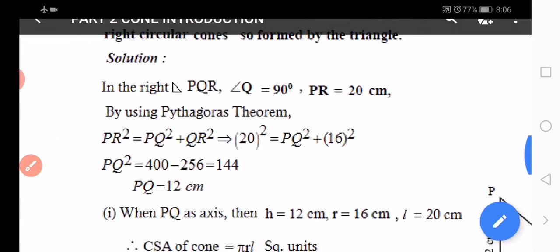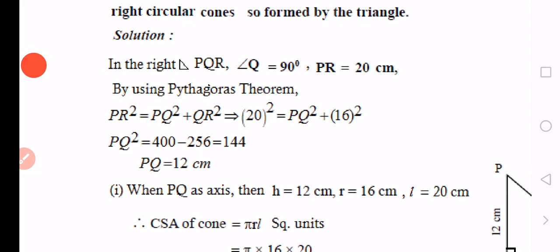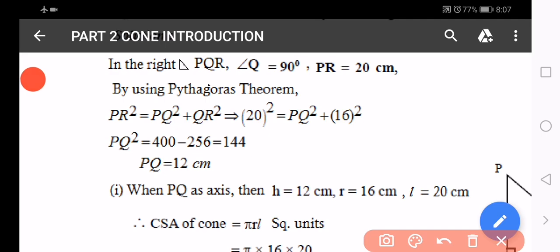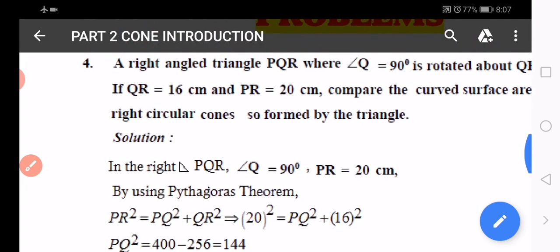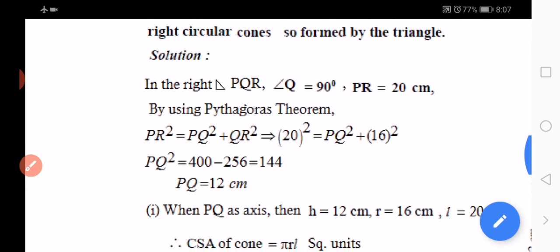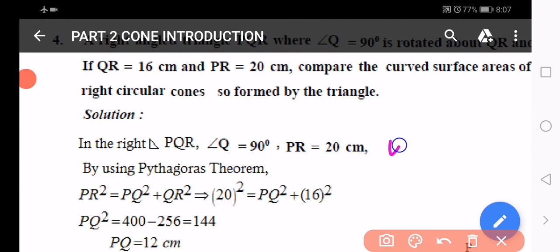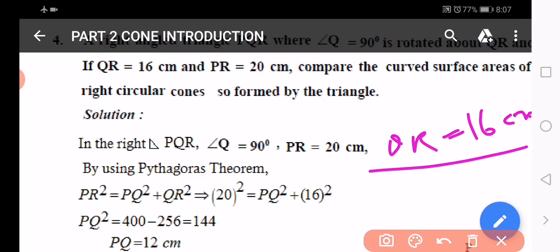Now the solution is: in the right angle triangle PQR, Q equal to 90 degree, PR is 20 centimeter, QR is equal to 16 centimeter. By using Pythagoras Theorem, which one is the hypotenuse? PR is the hypotenuse, since Q is the right angle.